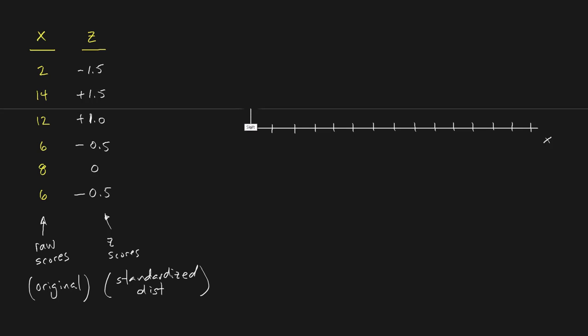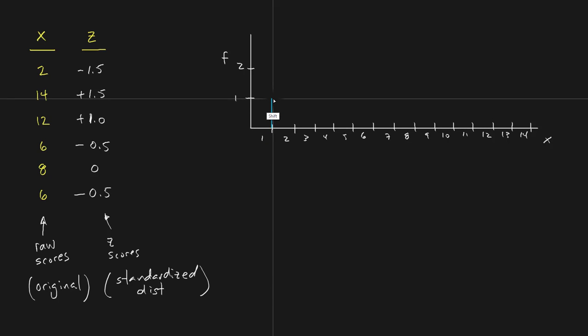And then on the side, I just have to have room for a couple of frequencies. So this is going to be 1 and 2. So these will be my frequencies, 1 and 2. Down here, I've got my scores. So 1, 2, 3, 4, 5, 6, 7, 8, 9, 10, 11, 12, 13, 14. So going through my scores, I have, let's see, there is a 2. I have a single 2, so that's going to be there.